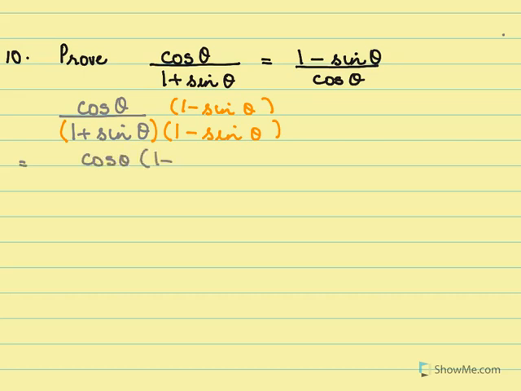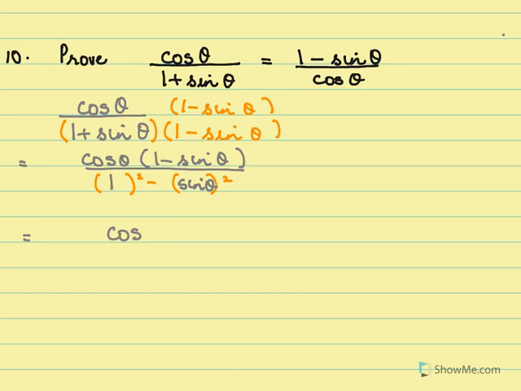So you have cos theta, 1 minus sin theta. Now in the denominator, you have a plus b, a minus b, and that becomes a square minus b square. This would be 1 here and sin theta.